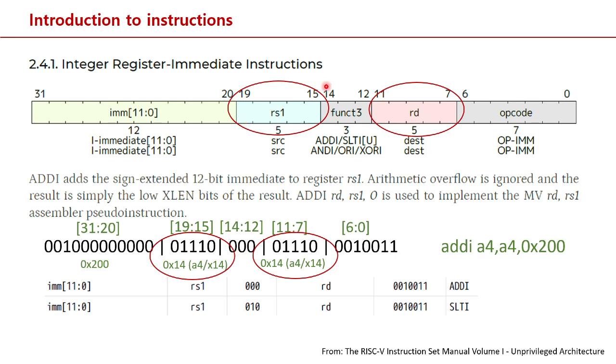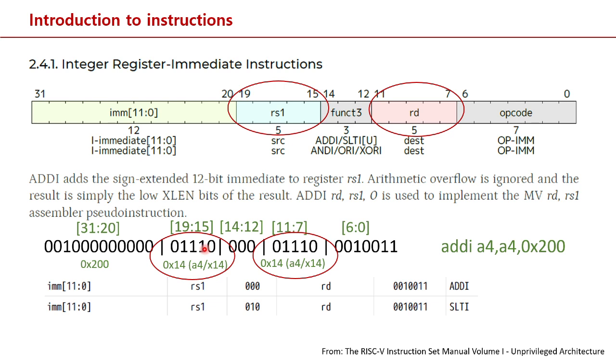Let's look at bits 15 to 19 inside this bit value. Please take a look at this. Bits 15 to 19 have 0, 1, 1, 1, 0 in binary format. Converting this value into hexadecimal format, we have 0x14.